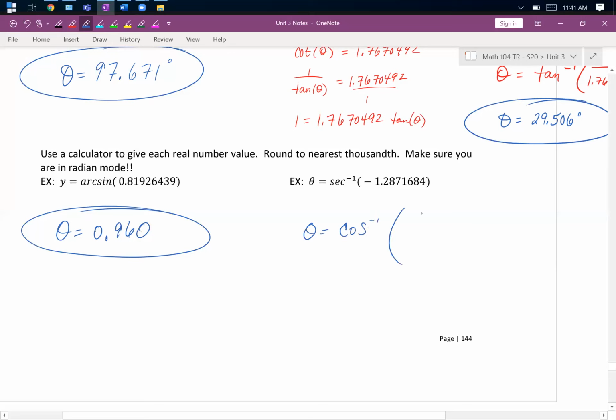Now with secant and cosecant, if you do it incorrectly, it'll let you know because it'll be an error. We're going to get something in between pi over 2 and pi. Since the cosine value is negative, that pushes us into quadrant 2.